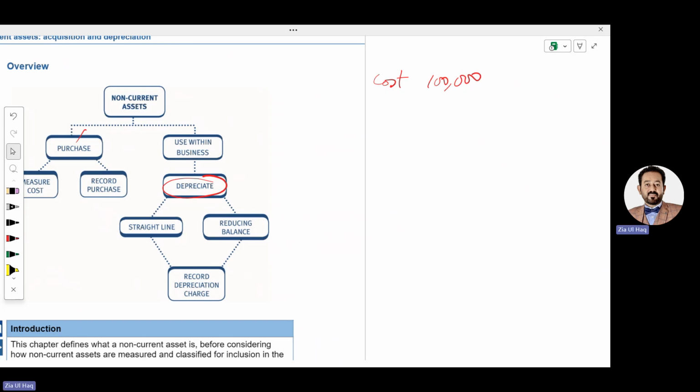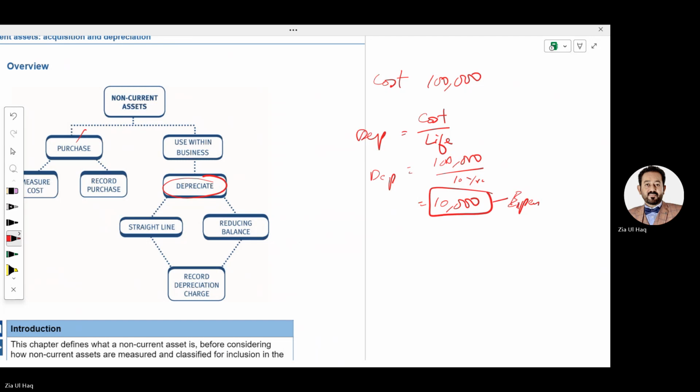If asset cost is 100,000 and its life is 10 years, cost divided by life gives depreciation. So per year depreciation will be 10,000. We need to record this as an expense in the profit and loss account. Why?